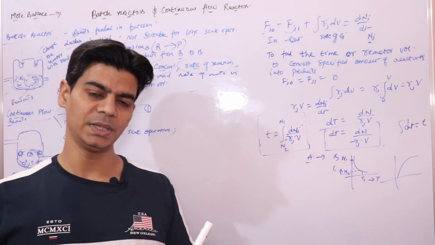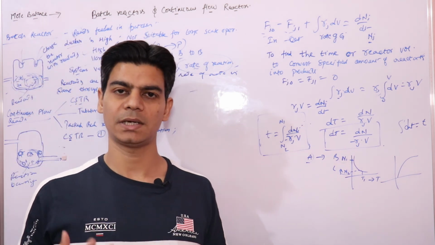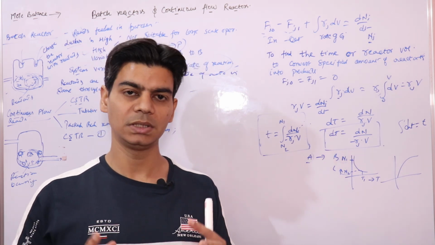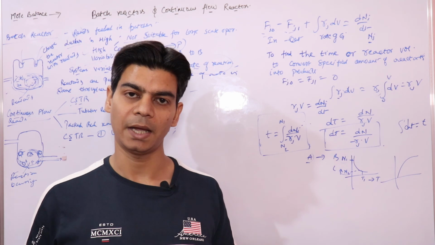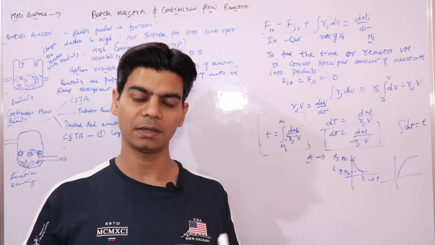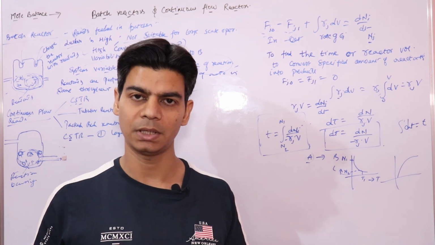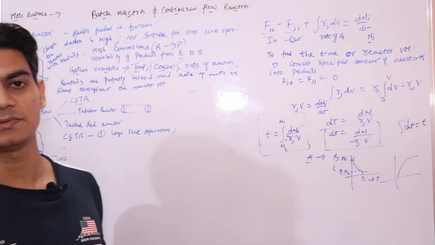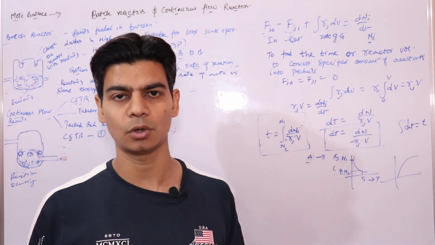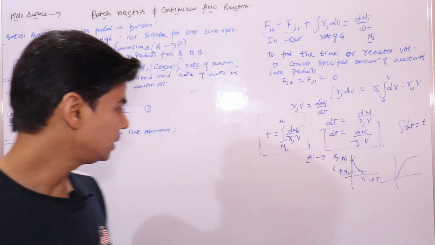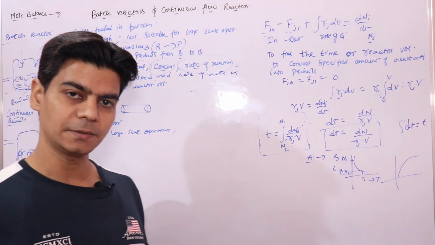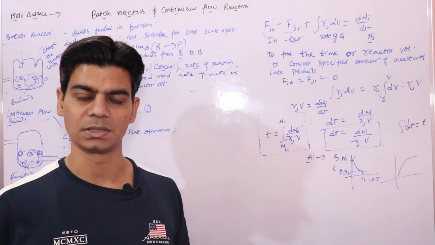These are ideal reactors, and in reality there is no ideal reactor. There may be small variations in these variables, so even a CSTR is not an ideal reactor.